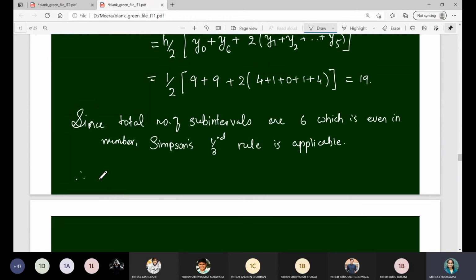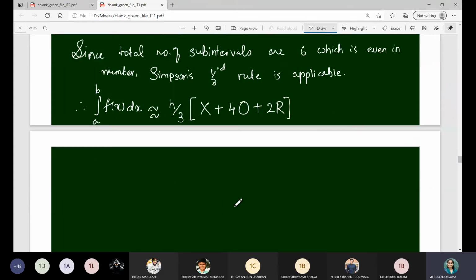So therefore integral a to b f of x dx will be approximated as 1/3 rule है तो h by 3 sum of extreme values plus 1/3 rule में आपको अगर याद हो तो it is 4 times odd suffixes of y and then 2 times remaining values, right? So in our case it will be h by 3 extreme values, that is y0 and y6 plus 4 odd suffixes में कौन कौन से नंबर आएंगे?